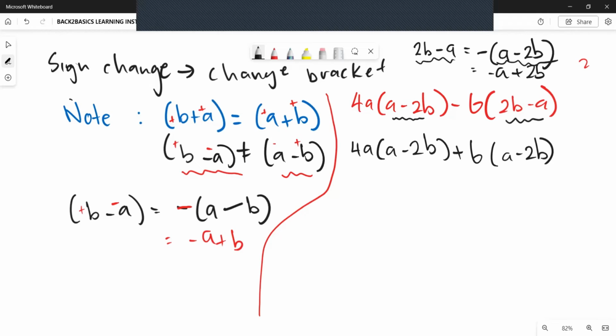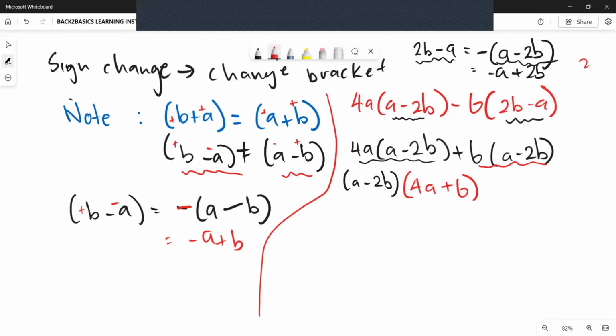Then when we are here, we can take out our A subtract 2B as a common factor from this and also from this altogether. If we take that A subtract 2B as a common factor, what are you going to be left with? You're going to be left with 4A plus your 6.